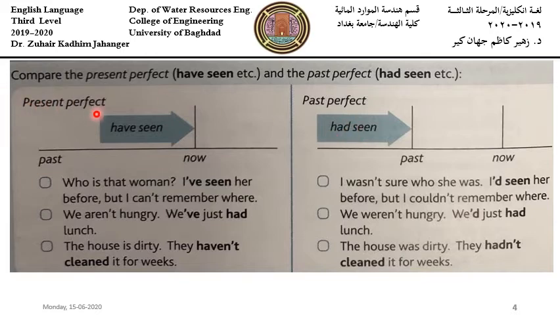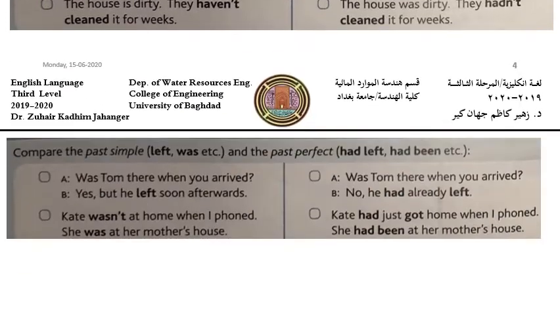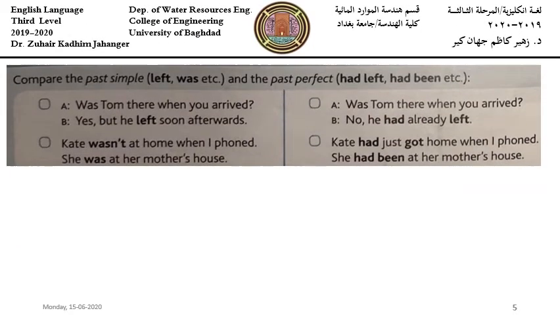But in the present perfect, you say the house is dirty now. Why? Because in this time scale, they haven't cleaned it for weeks. I hope you have got it.